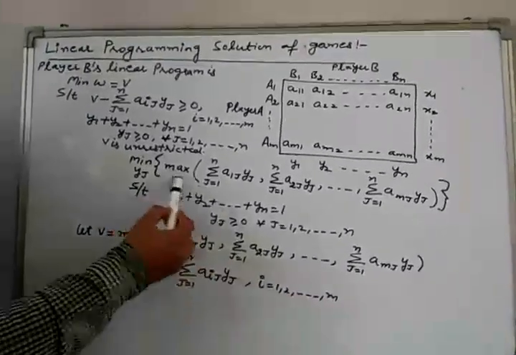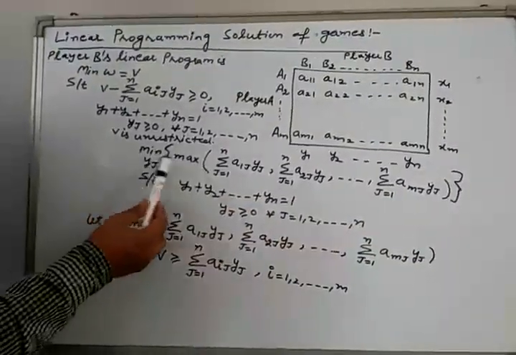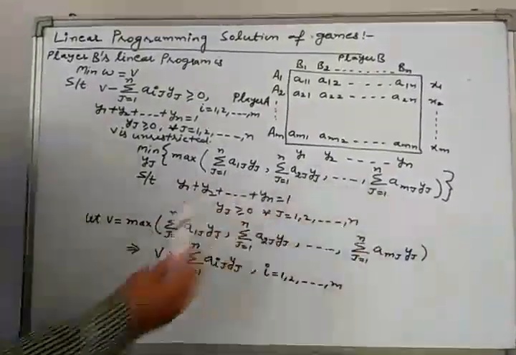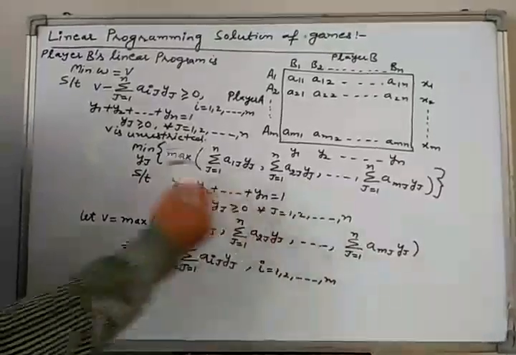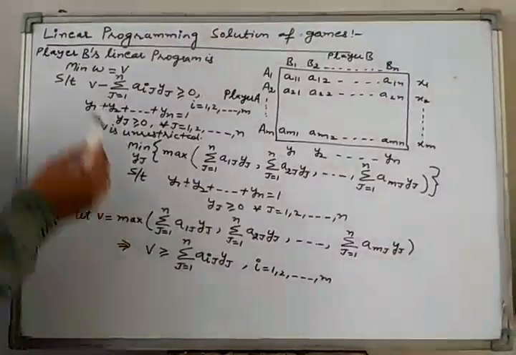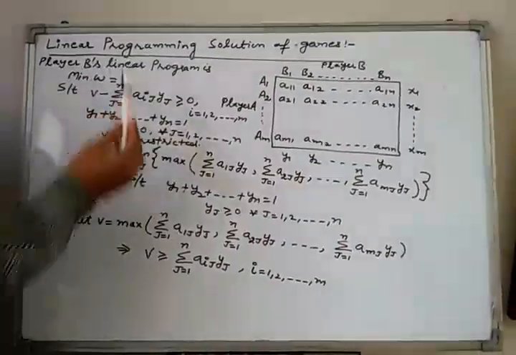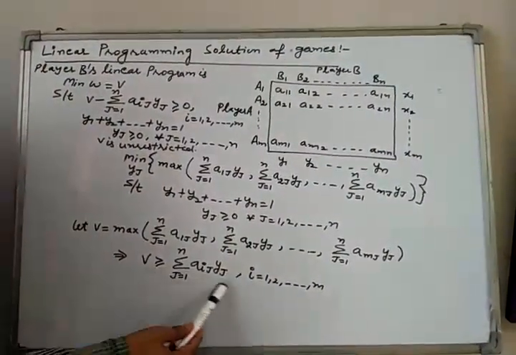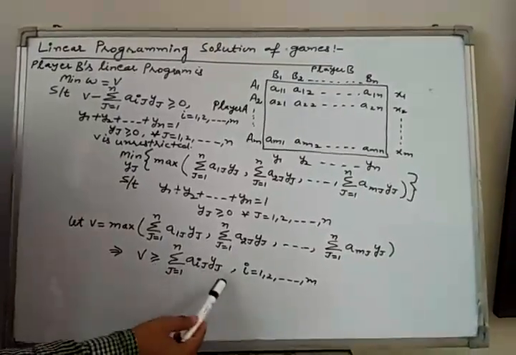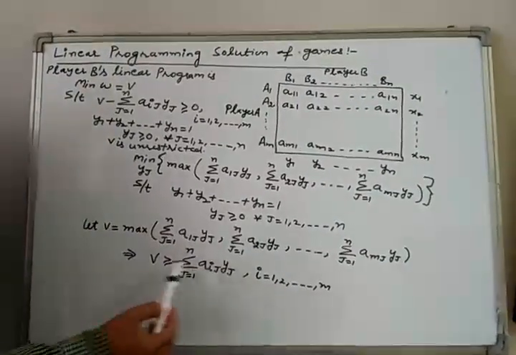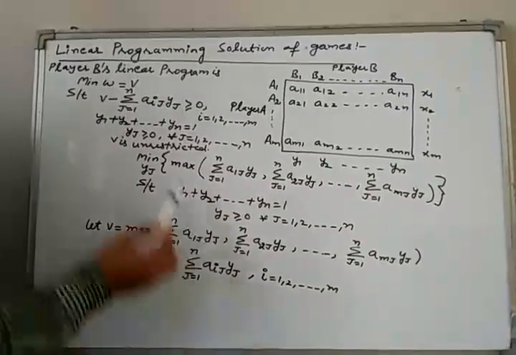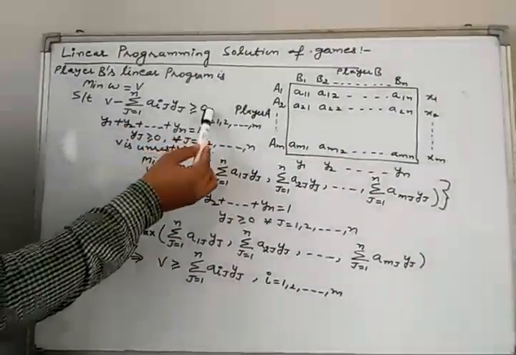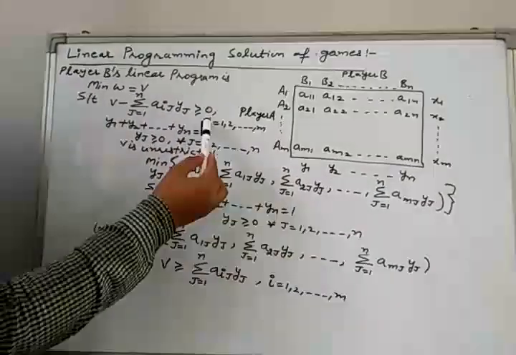Using this in this equation, as this is the minimum of the maximum of these and we assume the maximum of these as v, therefore this program 1 becomes minimize w equal to v, subject to the conditions v minus this thing greater than or equal to 0. This becomes v minus summation j is equal to 1 to n aij yj greater than or equal to 0 for every i 1 to m.